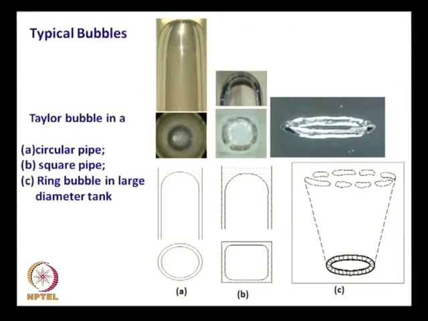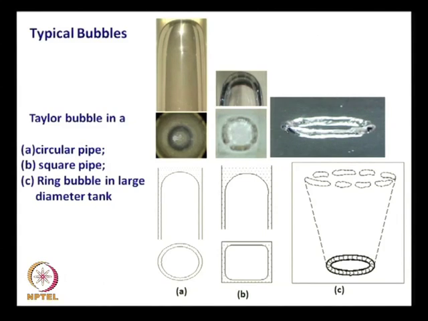Now, we find that whenever one particular volume of gas is introduced in a stationary column of liquid, usually it rises up as a single elongated bullet-shaped Taylor bubble, which we have already studied in slug flow. Interestingly, when such an air volume is introduced inside an infinite medium, that means a very large tank, it does not form Taylor bubbles, it forms ring bubbles.